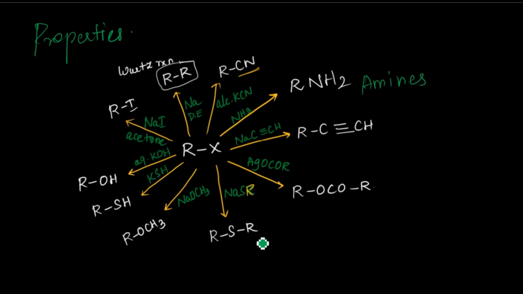Then NaSR: SR gets attached to the alkyl group. OCH3 gets substituted. SH gets substituted. Aqueous KOH always means a substitution reaction. Alcoholic KOH means an elimination reaction. Then again NaI in acetone, like we said for Finkelstein, RI is formed.